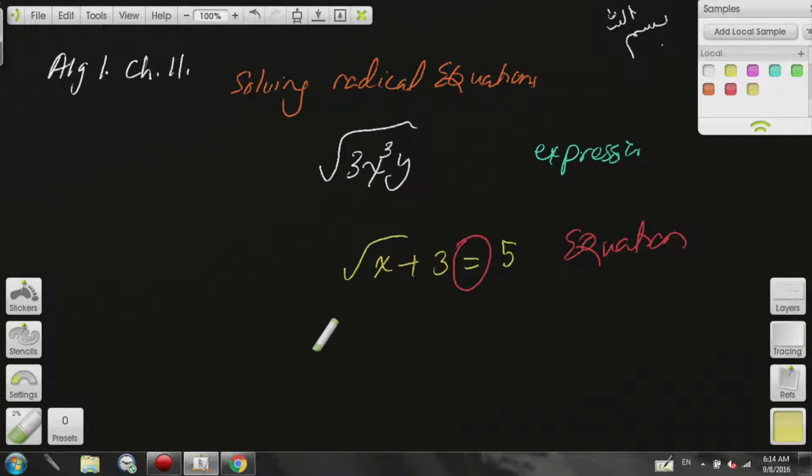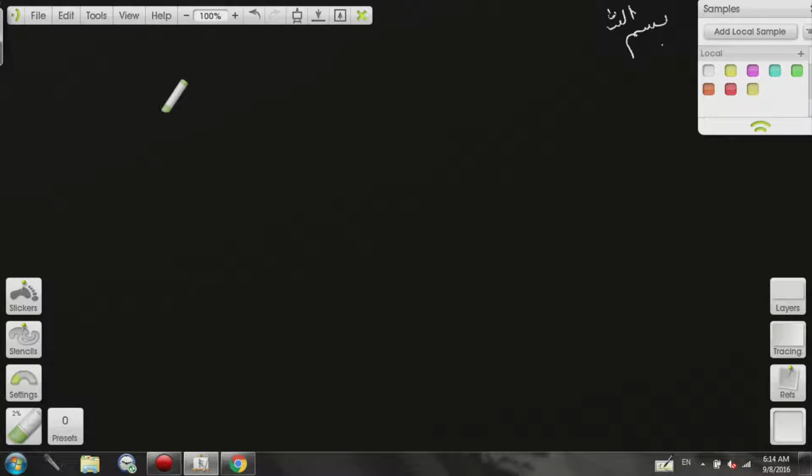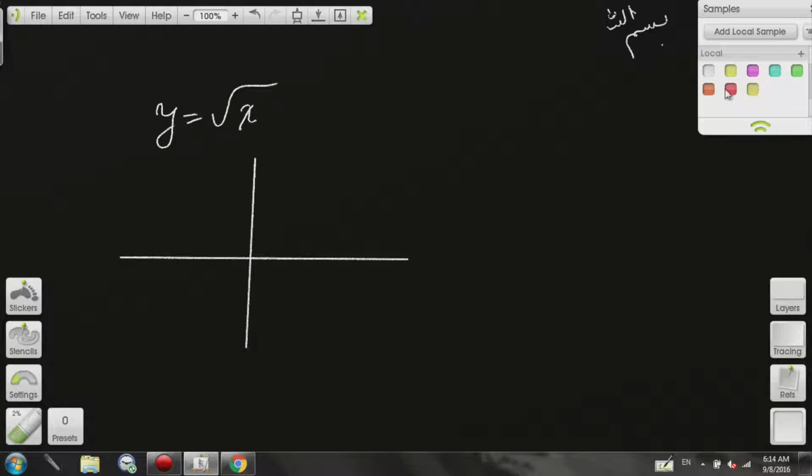And if you had something like this, which we talked about already, y equals square root of x, this would be a radical function. And as a review, we have talked about radical functions, and the parent radical function was y equals square root of x, and we have graphed that radical function, and the graph looks like this.